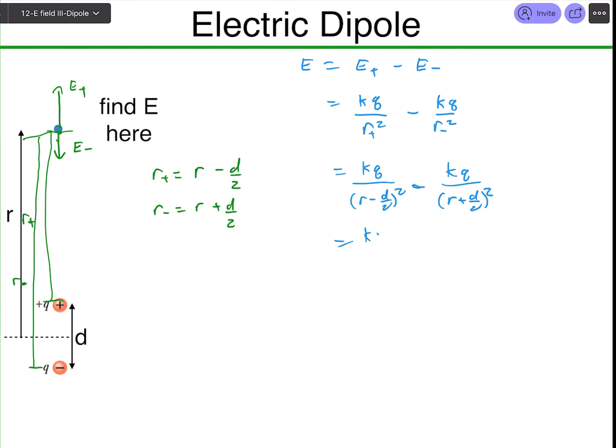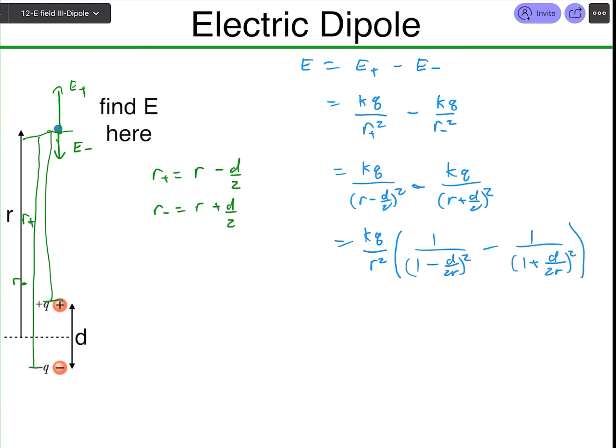I can factor out the K Q, and I can factor out an R squared from those two denominators. And what I end up with is 1 over 1 minus D over 2R, so I factored out 1 over R from that, minus 1 over 1 plus D over 2R.